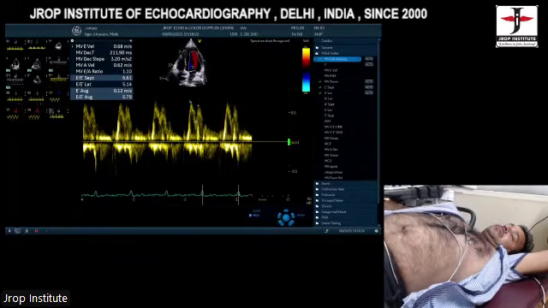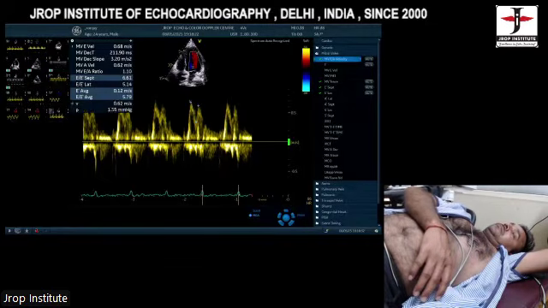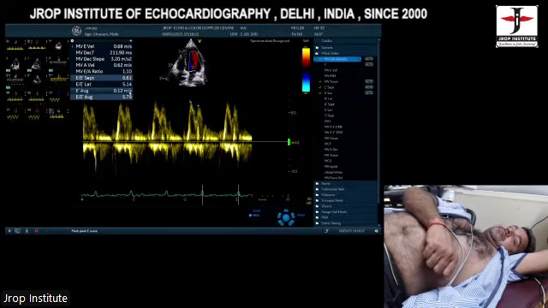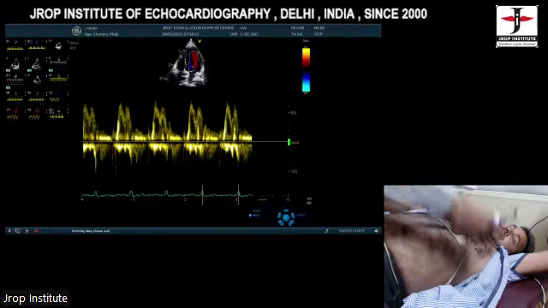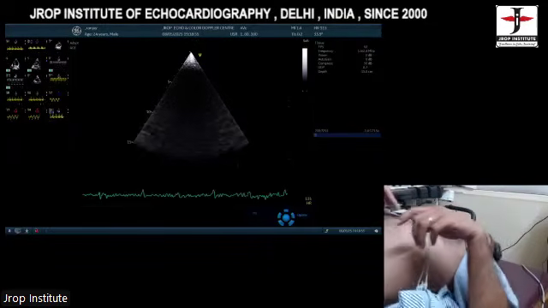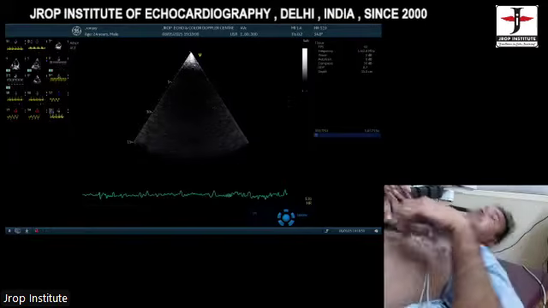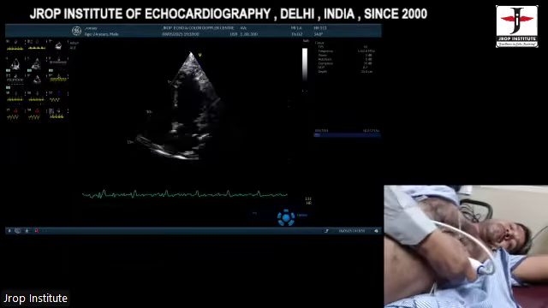Now look at everything seen on the screen: EA ratio, E wave, A wave, E prime septal, E prime lateral, and the average E/E prime is 5.79. Any value less than 10 is considered as normal LA pressure, that is 10 or 12 millimeters of mercury. To add further to it, we go and measure the LA volume index.